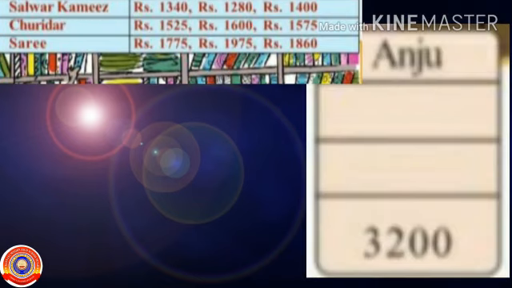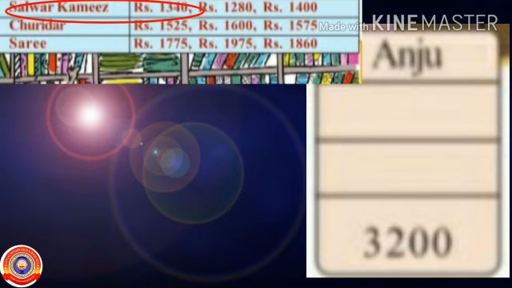Who is next? Anju. Anju spent 3200 rupees. Which 2 dresses did Anju buy for these 3200 rupees? Students, suppose Anju bought a salwar kameez for 1340 rupees. Which may be the other dress she bought? Students listen. Anju had a total of 3,200 rupees.